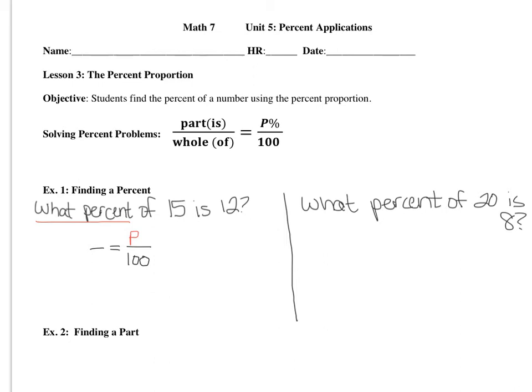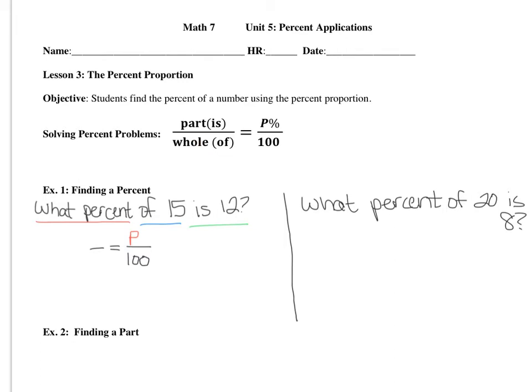We have two numbers we're comparing, 15 and 12. If we're looking at the percent proportion, we're looking for which one is the part and which one is the whole.